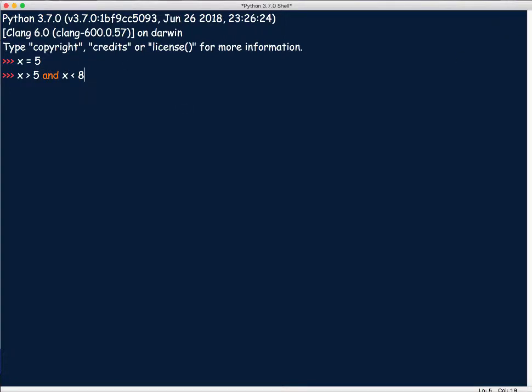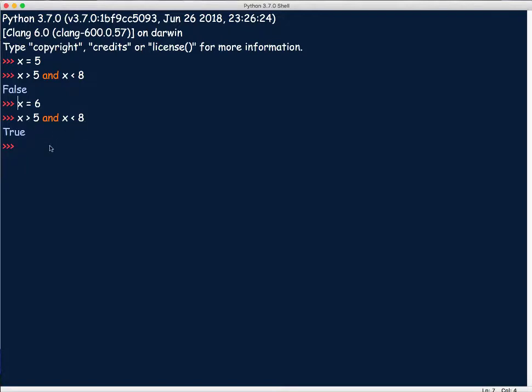So we're going to see what that says. And it says false. Okay? Because x is not greater than 5 and x is not less than 8. But what if x was equal to 6? Okay, we evaluate the same statement. Now it's true, okay? Because x is both greater than 5 and less than 8.